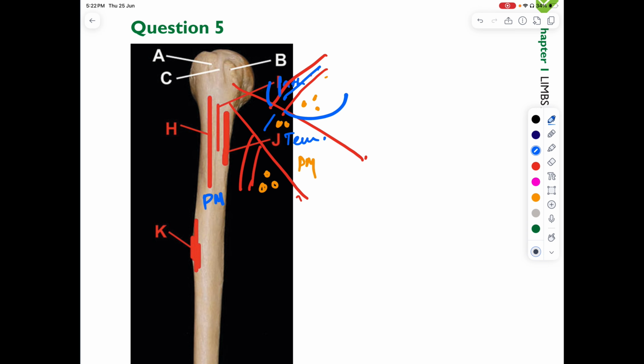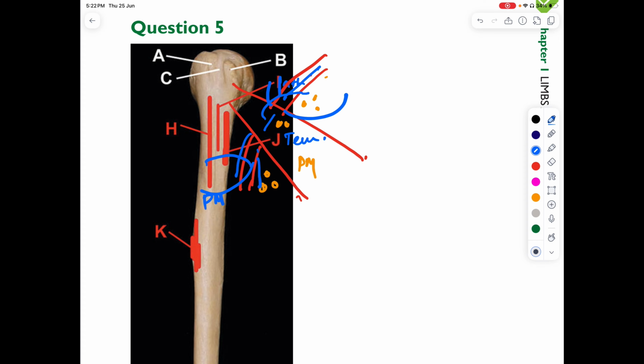The second part is behind the pectoralis minor and gives two branches, thoracoacromial and lateral thoracic. One is lateral thoracic and the other is thoracoacromial, which goes towards the acromion. And then the third part is lateral to pectoralis minor and has three branches: subscapular, behind the scapula, and anterior and posterior circumflex.